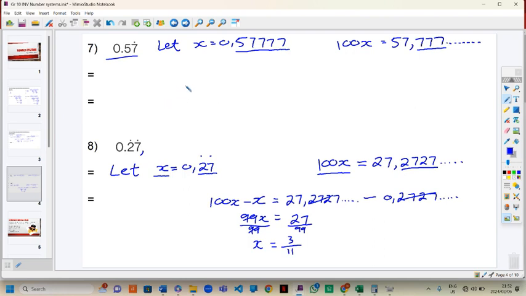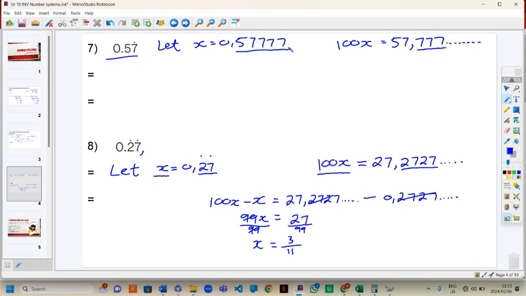Now I've got a problem. There's a 5 there, but it's not a decimal 5, it's a 50. I don't have comma 5, 7, 7, 7, 7. So now what? How do I get them to look the same?